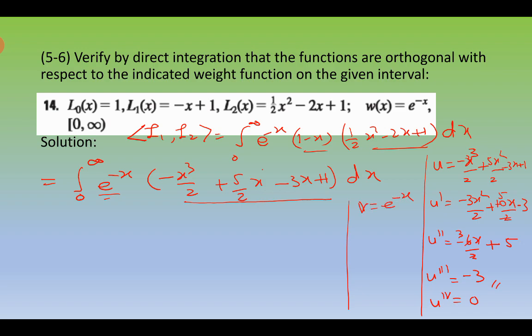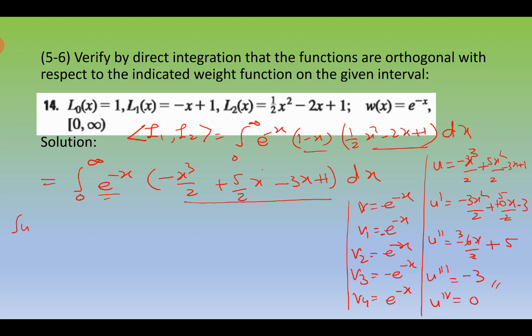Therefore, what is v? V is e power minus x. V1 is negative e power minus x. V2 will be positive. V3 will be negative. V4 will be again positive. So we will see what is the formula.